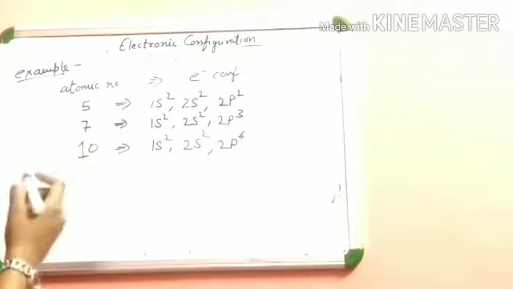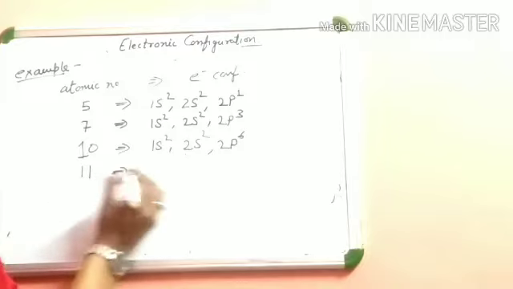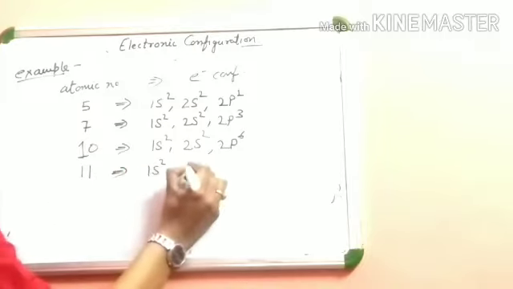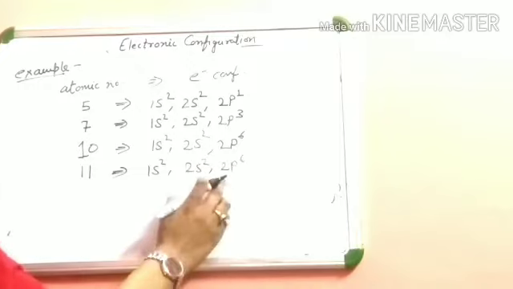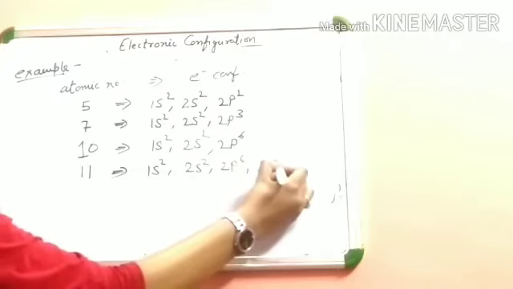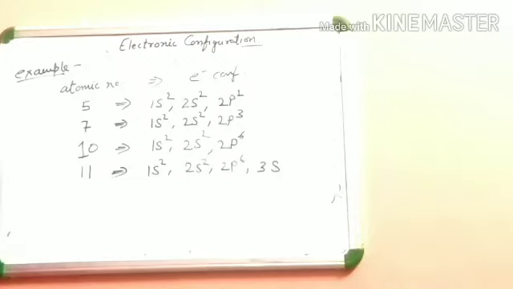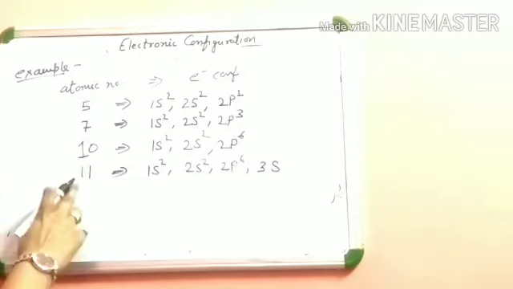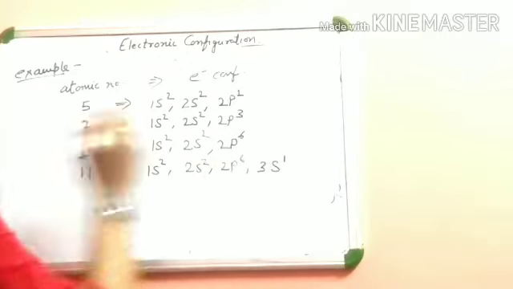Now after p, if any atom has atomic number 11, then 1s2, 2s2, 2p6. After 2p, the next energy level is 3s. The s subshell can hold a maximum of 2 electrons, but here only 1 more electron is left, so 3s1.